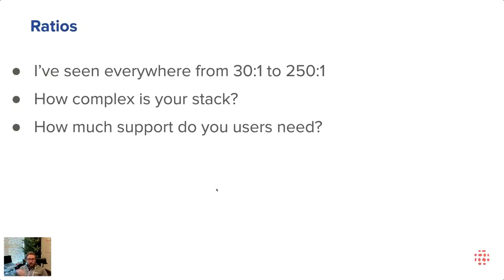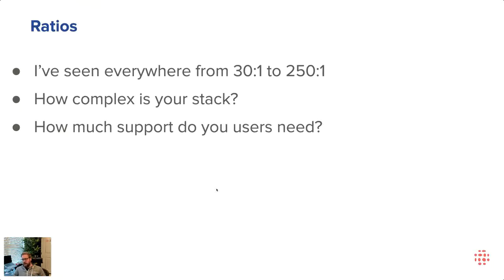And then finally, it's really important to actually think about how much support your users need. Now, we're talking about your end users here, and this is a little bit of a tough topic because there are different levels of what I would call technological competence in organizations.